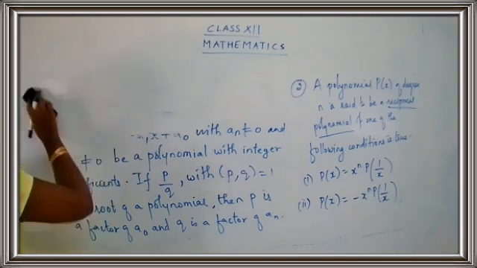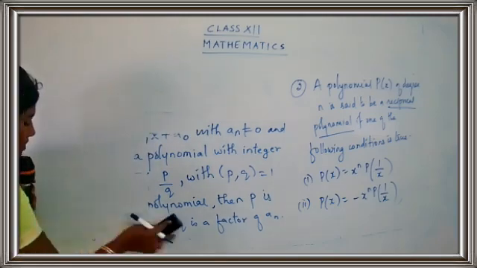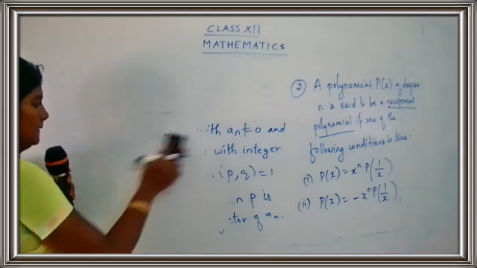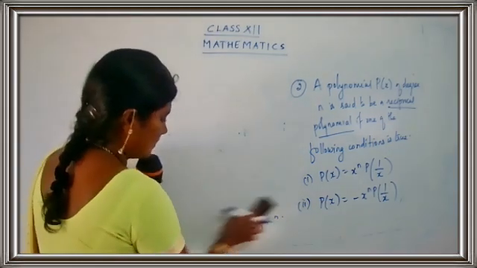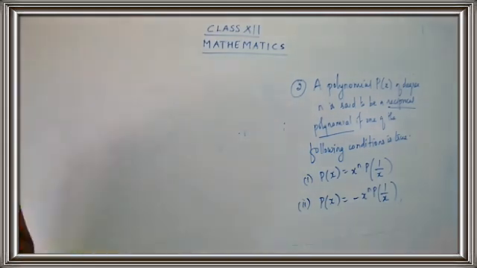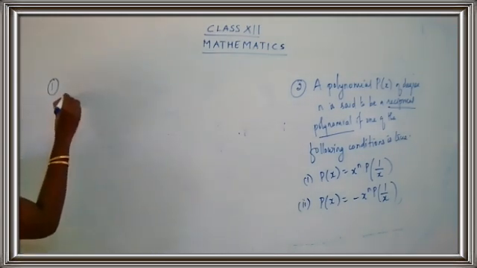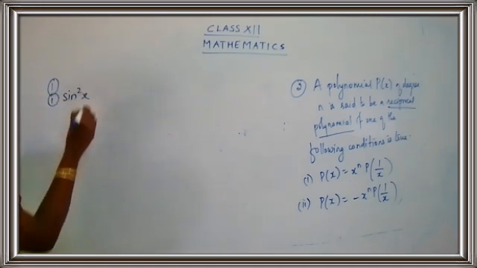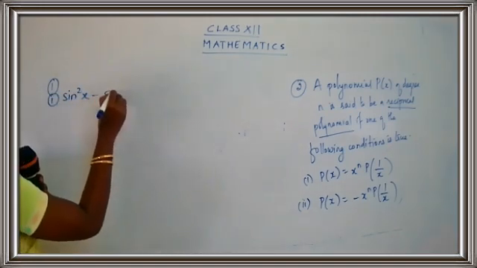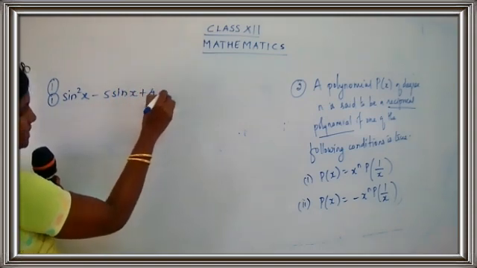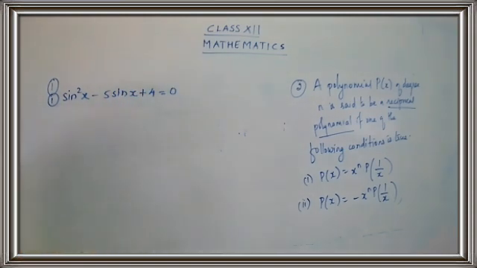The first subpart is sine square x minus 5 sine x plus 4 is equal to 0. So this is the equation given to you, and you are going to solve it.